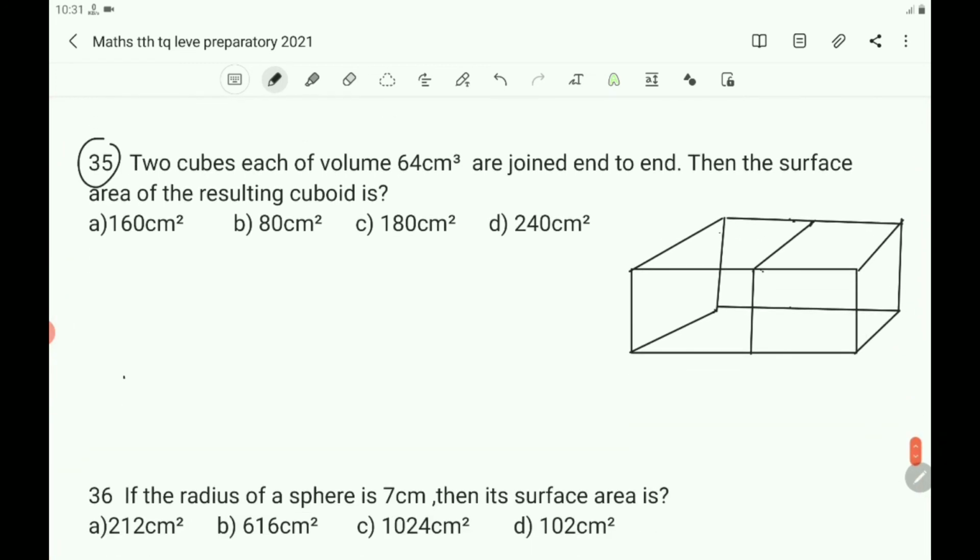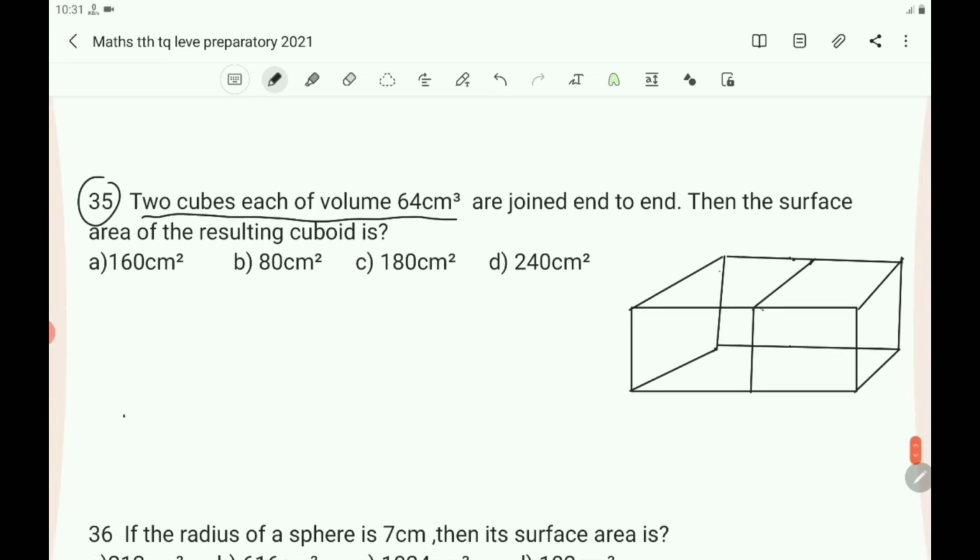Next, question number 35. Two cubes each of volume 64 cm cube are joined end to end. Find the surface area of the resulting cuboid. Here you know that the length becomes L plus L, and the height and the width remain the same.